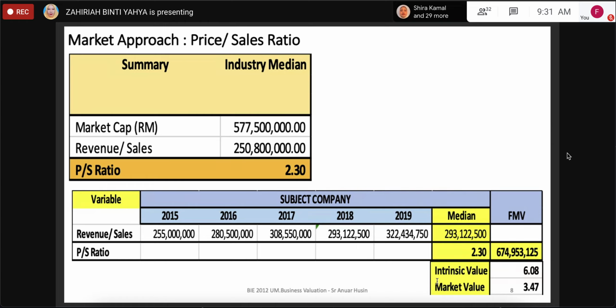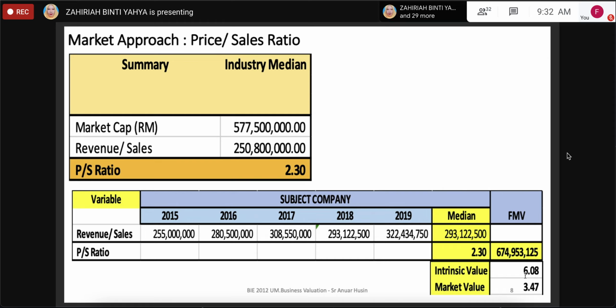Okay, so this intrinsic value, I want to ask you, how do you get this intrinsic value? 6.08. FMV divided by the number of shares. So how many shares?